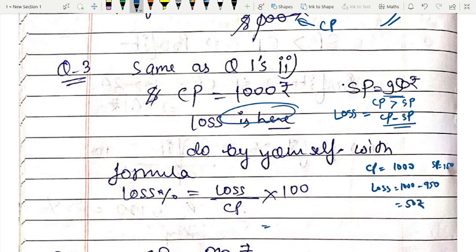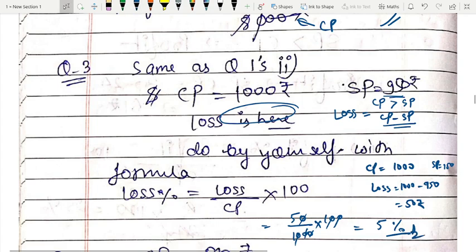So we can find out by putting in the values. Loss is 50, cost price is 1000, multiply by 100. The zeros cancel out. We have got 5 percent as our loss.